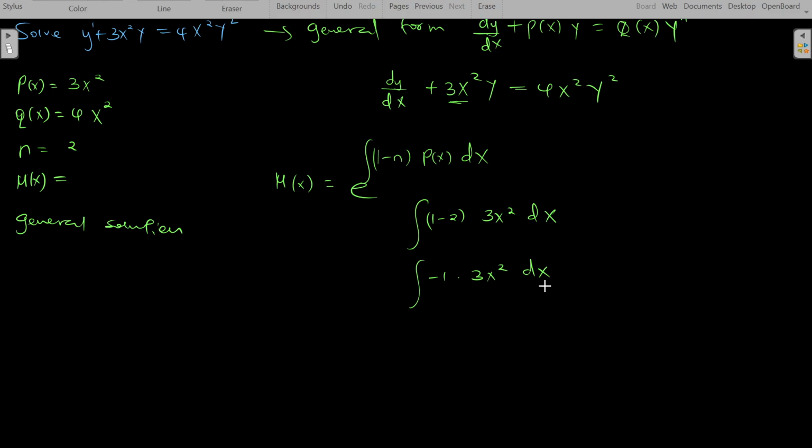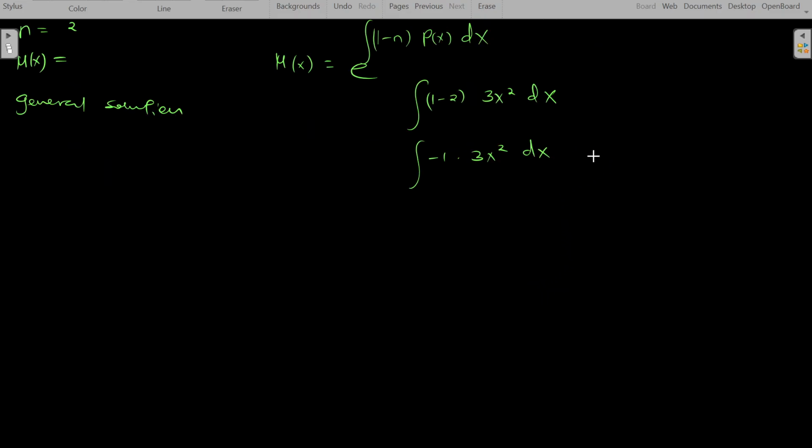From this point, let's take out our constant. This equals negative 3, the constant, times the integral of x squared dx. Solving this, we add 1 to the power and divide by the result. We get negative 3 multiplied by x to the third divided by 3.